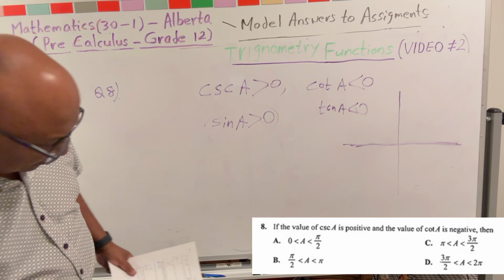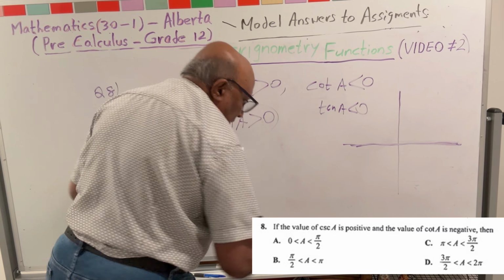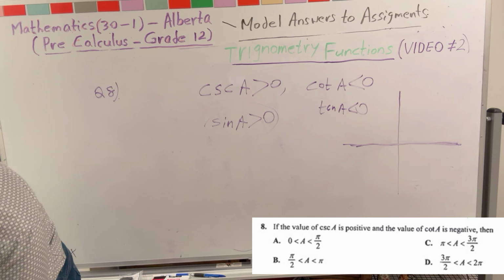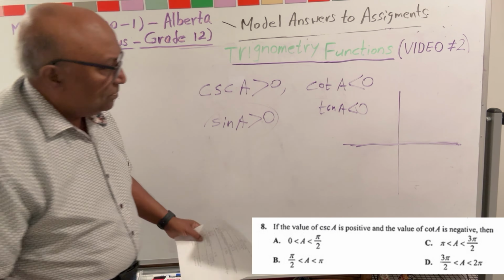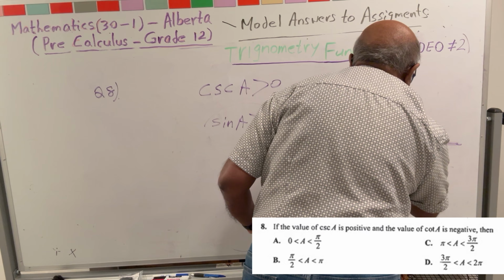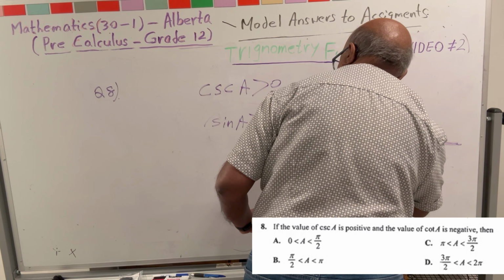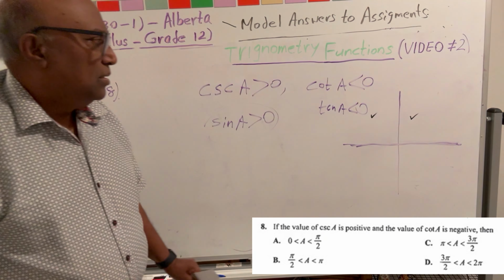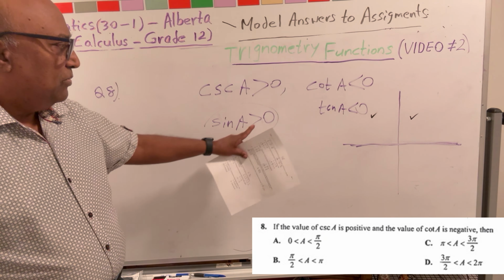Now what's the quadrant? Sine positive, tan negative. Sine is positive in both of these quadrants, but tan is negative in the first and fourth quadrants. Wait, tan A is negative in both of these.